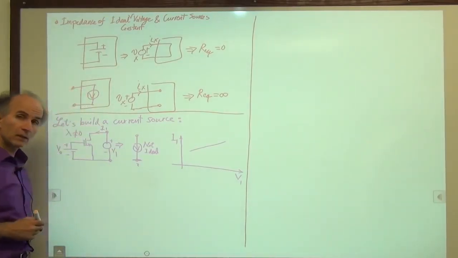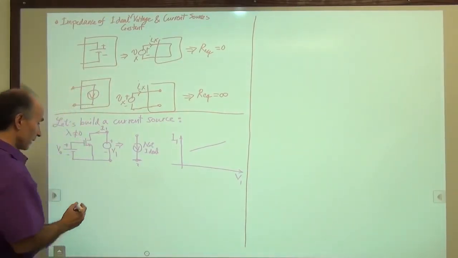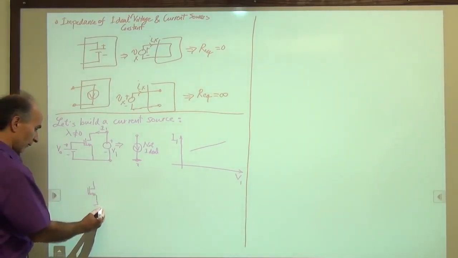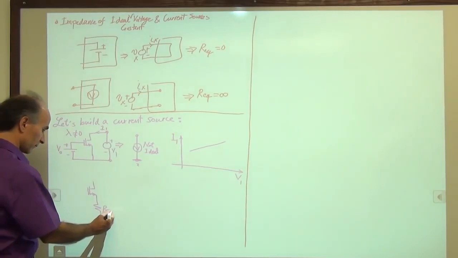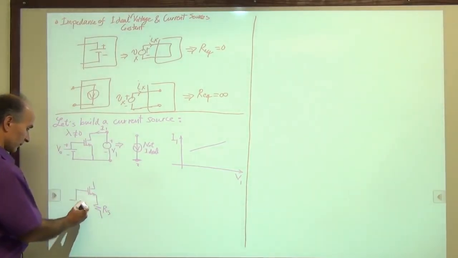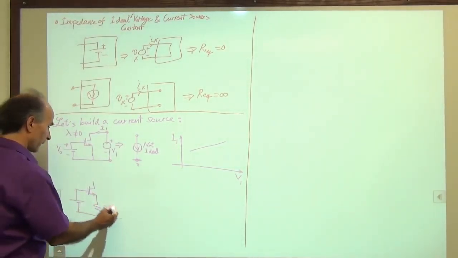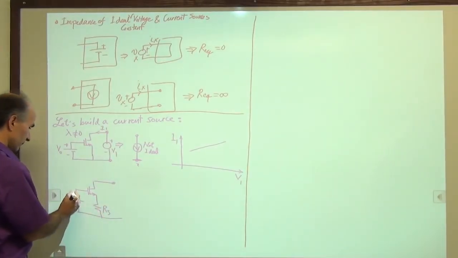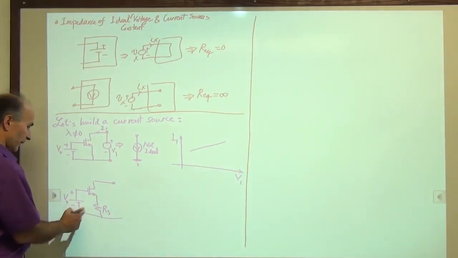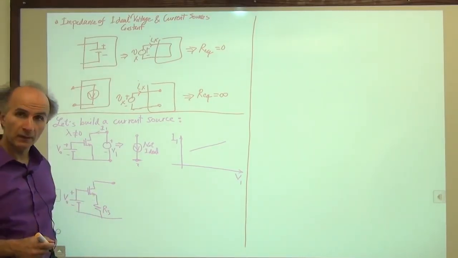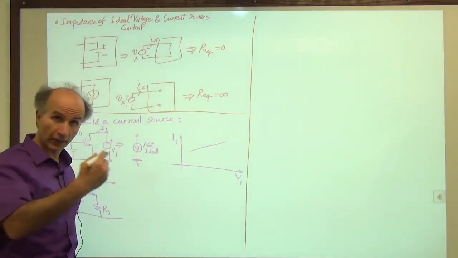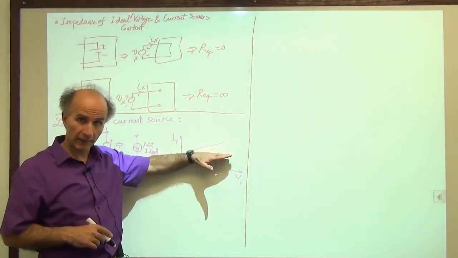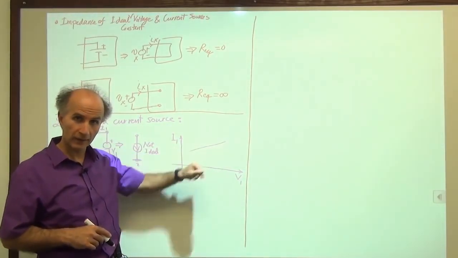All right, now I will play a trick. I will take a current source like before, but degenerate it by a resistor. What I'm hoping is that this will be better than the previous circuit. I'm hoping that this is a better current source. By better, I mean it's closer to the ideal, which means this won't be like this, it will be flatter. It will have less variation.